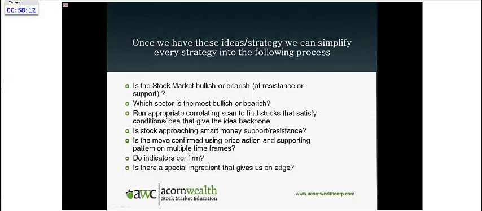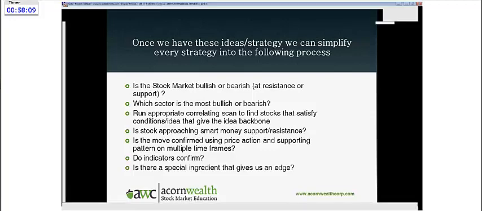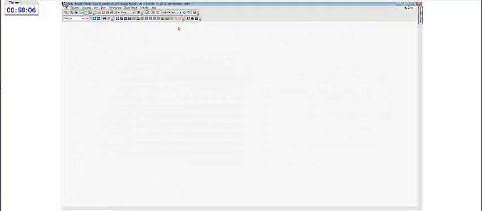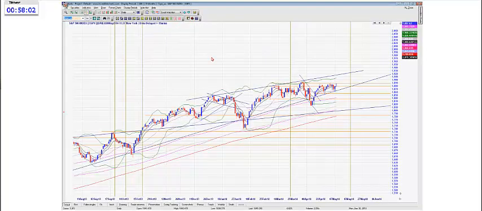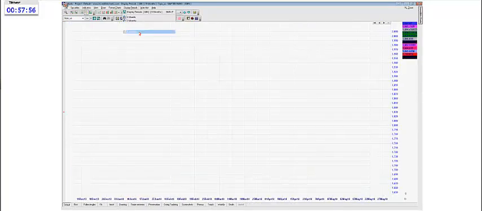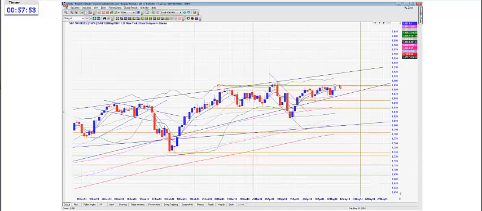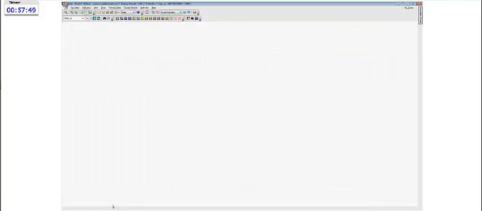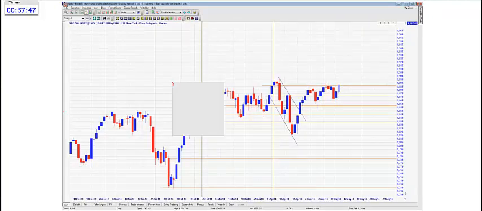So let's take a step forward here for a moment and go over to a live chart. For example, if we were to look at the S&P 500 currently, let's zoom in, and I'll just go to a fresh page.